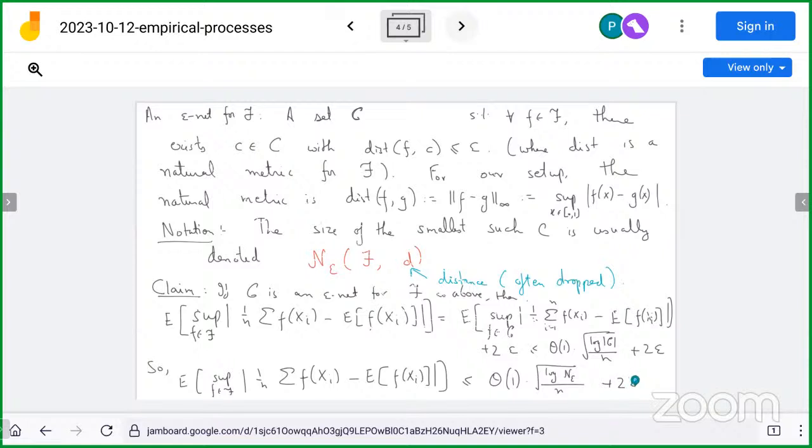I can take the best one. So now the goal is to construct some epsilon net.